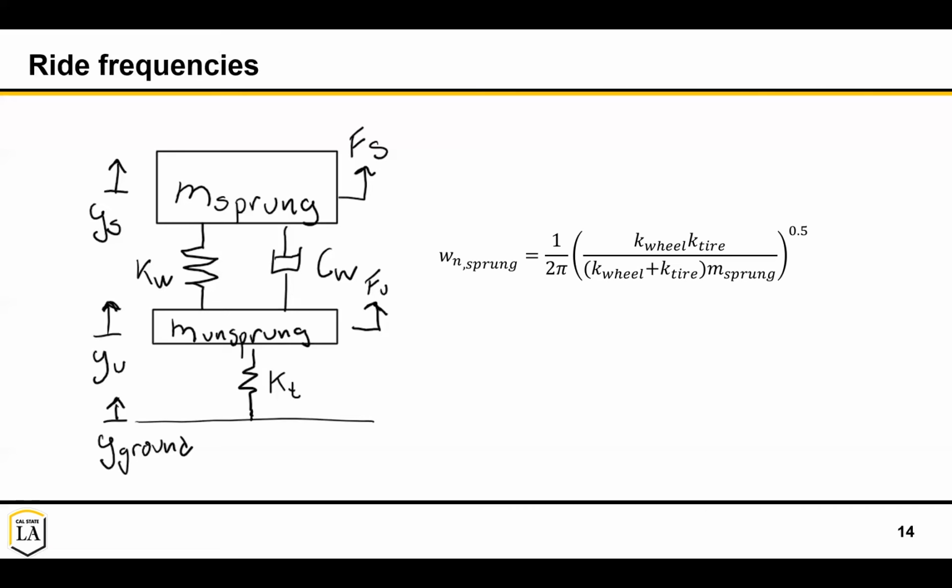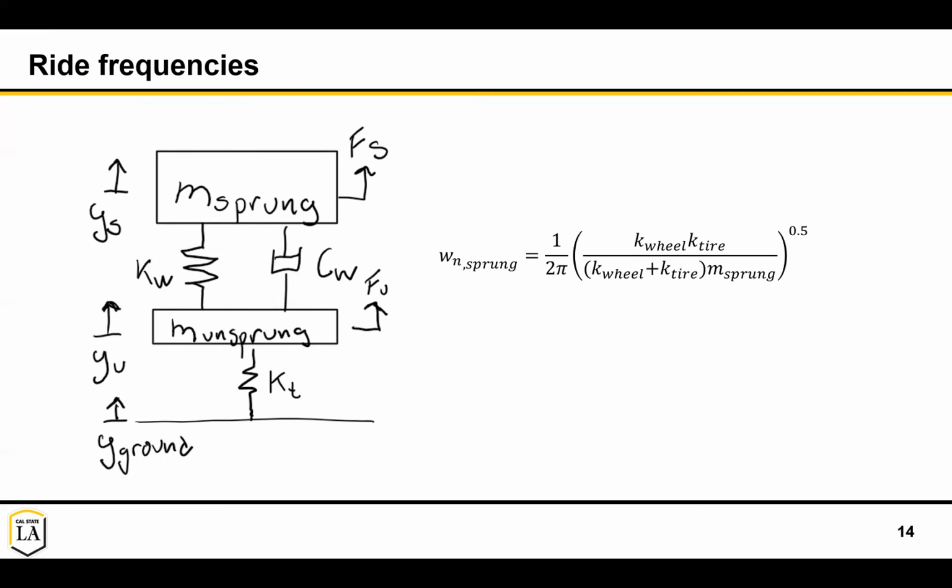Typically you'll want to start softer to help with your grip, and then increase stiffness as needed to limit suspension travel. If you know your sprung mass in the front and the rear, this can help get you the wheel and the tire stiffness, which you can get from data. This will help you get what wheel rate you want in the front and the rear.